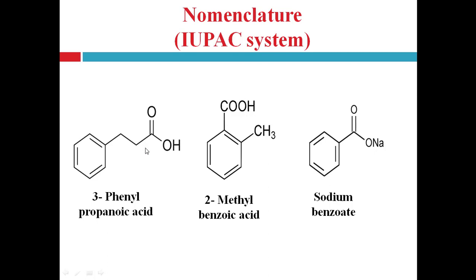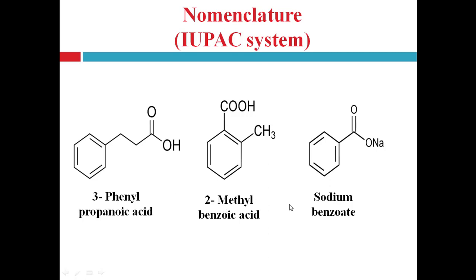So again give the numbering to this carbon chain. So assign the first carbon to the carbon of the principal functional group. So the carboxylic acid carbon becomes the first carbon, then second and third, right? So on the third carbon the phenyl ring is present. That's why 3-phenyl propanoic acid, right?